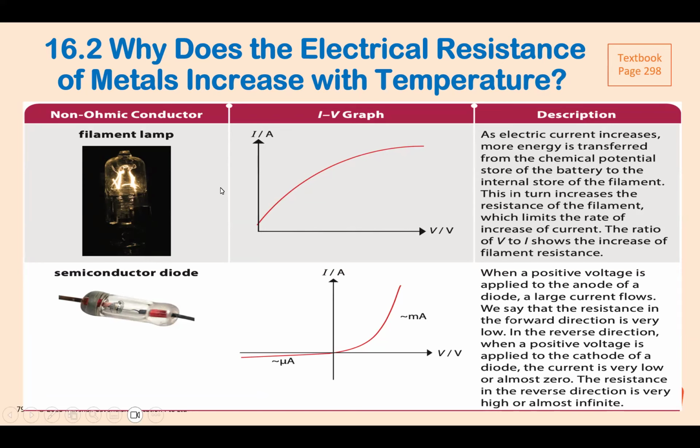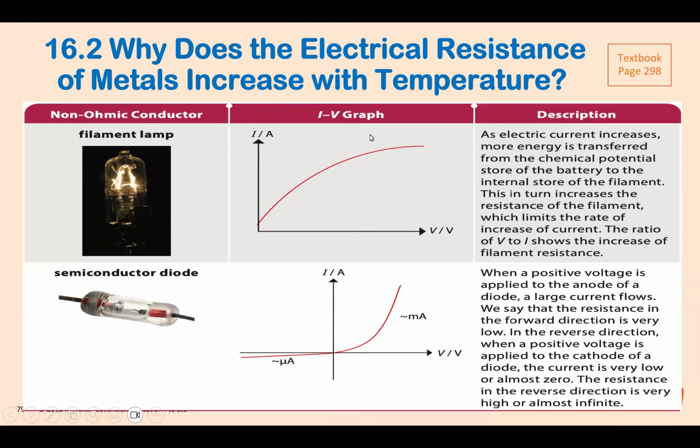Why does the filament lamp have such a graph shape? You must also be able to explain. This is because after you switch on for some time, more and more current and voltage flow through the filament lamp. The filament lamp gets hotter and hotter, and the resistance of the filament lamp will increase.